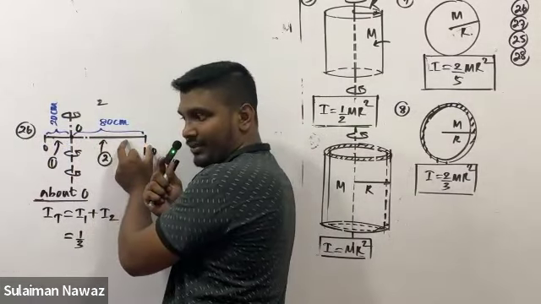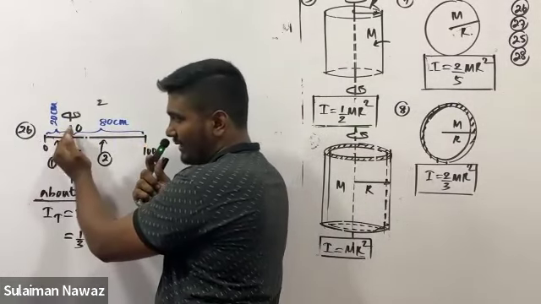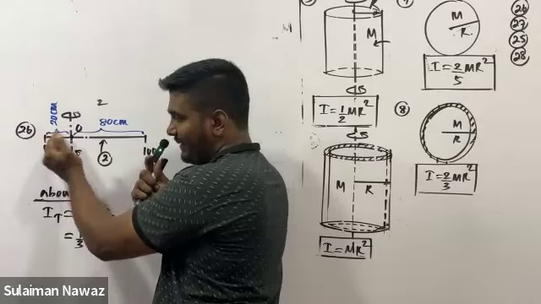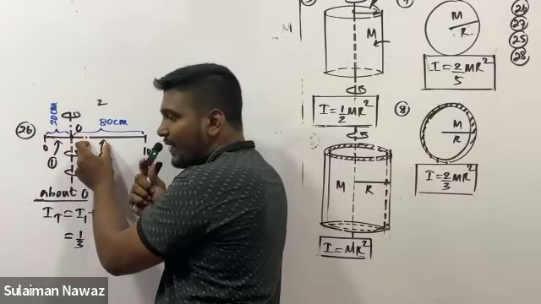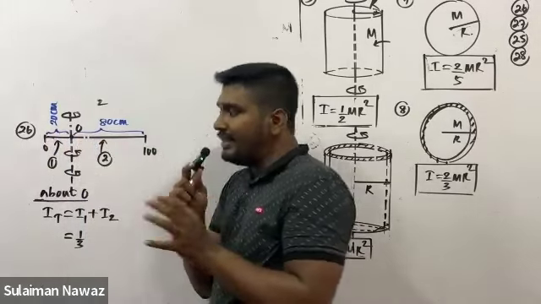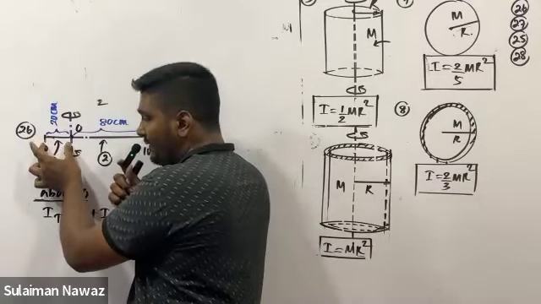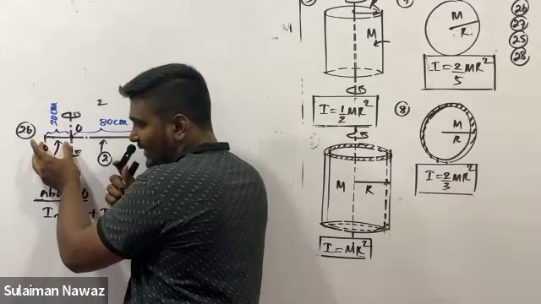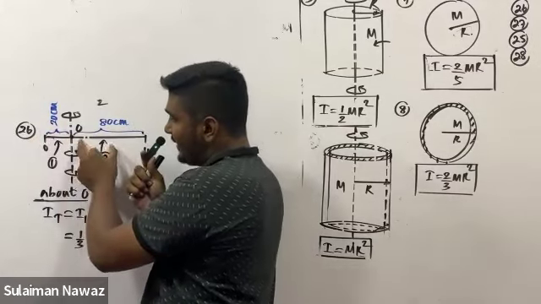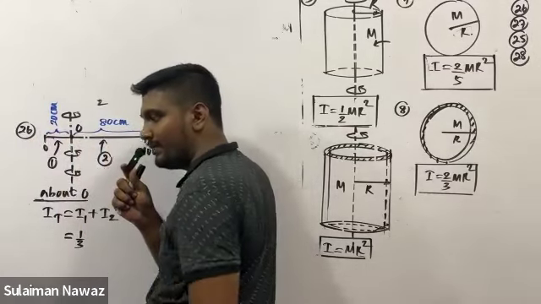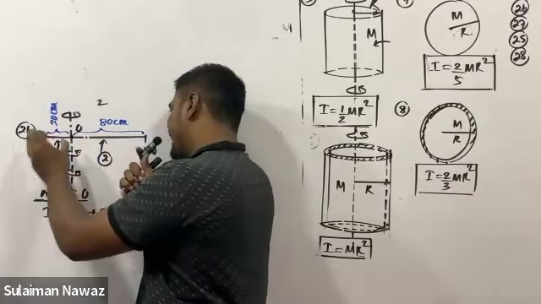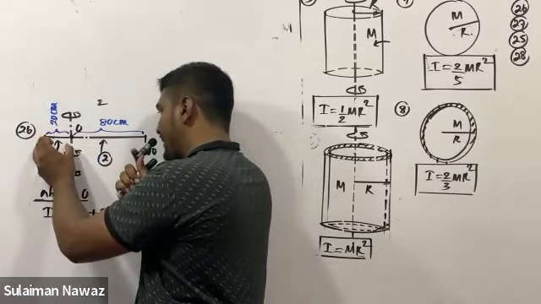There is one chocolate on the left side of the axis and 4 chocolates on the right side. If the mass of one chocolate is 5 grams, what is the mass of the remaining 4 chocolates? Reply everyone in the chat box.